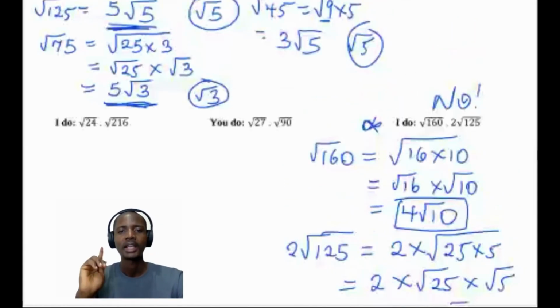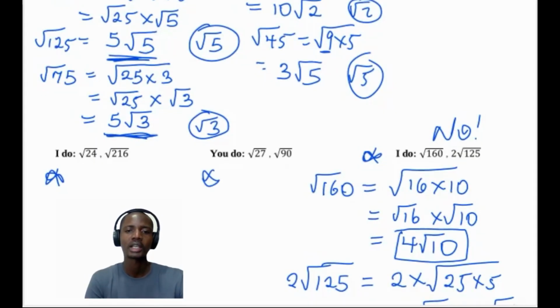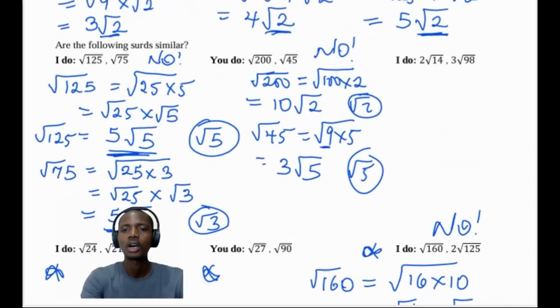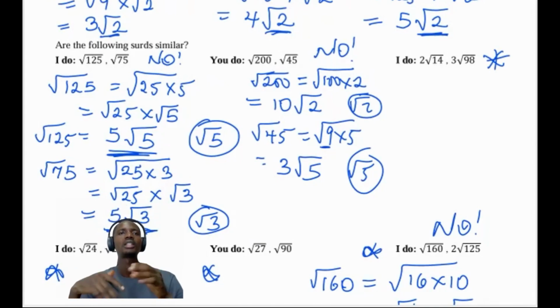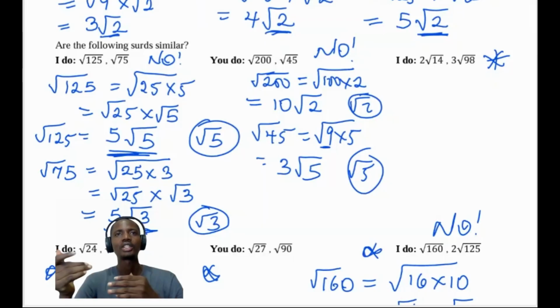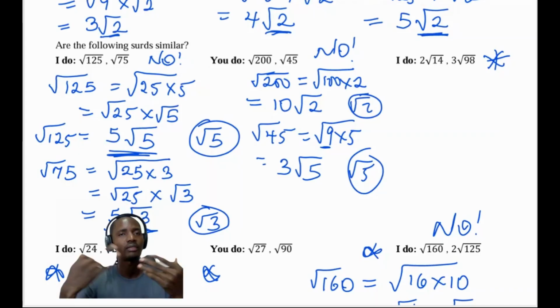So I need you to attempt this, check if they are similar, attempt this, check if they are similar, and also this, check if they are similar. Right? So the knowledge of similar surds will be very important in our next video, because the next lesson is on the addition, the subtraction, the multiplication, and even the division of surds.